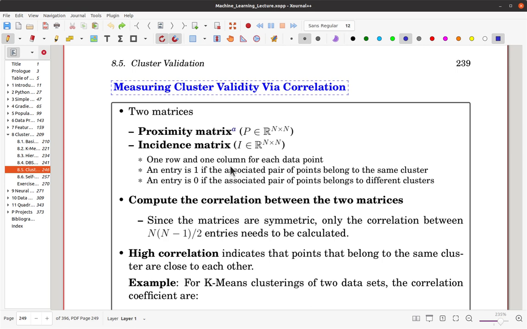In this way, the incidence matrix will be made. Of course, they are symmetric, so you can compute only half of that. For example, the upper triangular portion can be computed, and the other part can be copied. Okay.